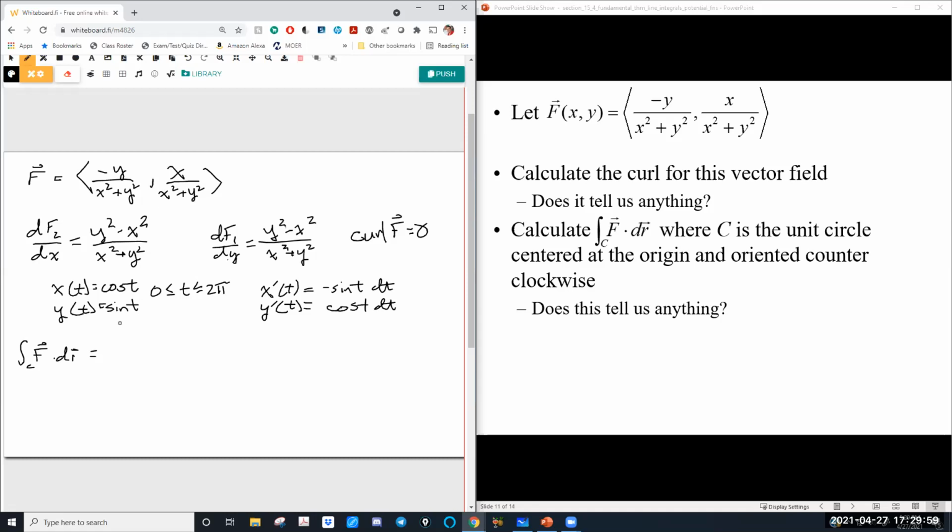which in this case is going to be our vector field using our parameterization. So what's that going to look like? Well, we're going to have a negative y, so a negative sine t over cosine squared t plus sine squared t.